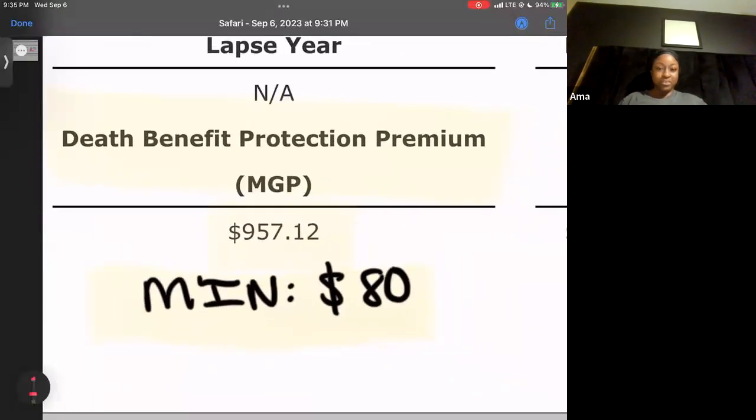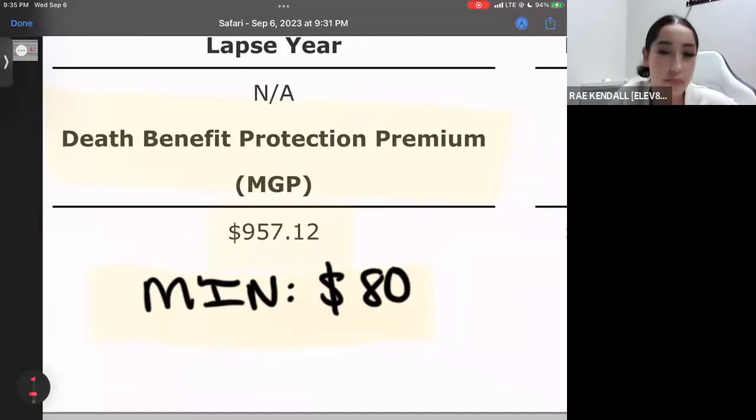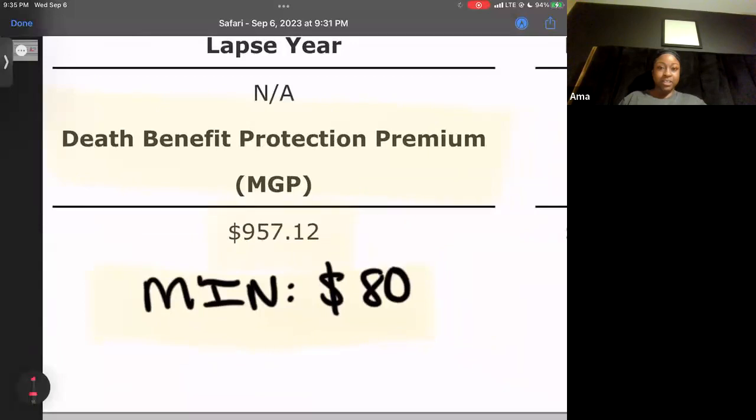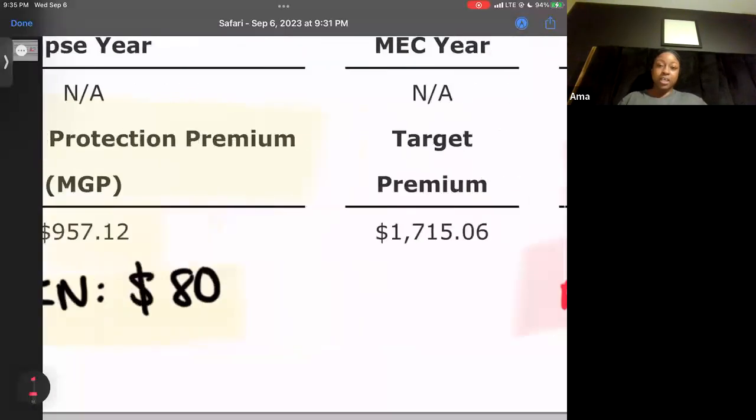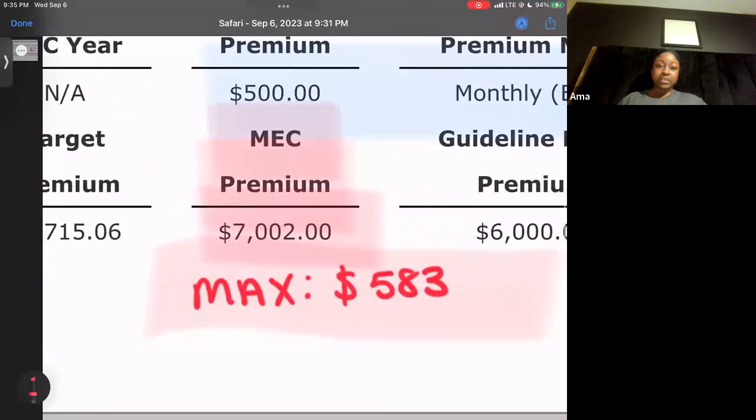With this, you're going to have a minimum payment of $80, which is your death benefit protection premium. And your MEC premium is the maximum amount that you can pay yearly into this policy.